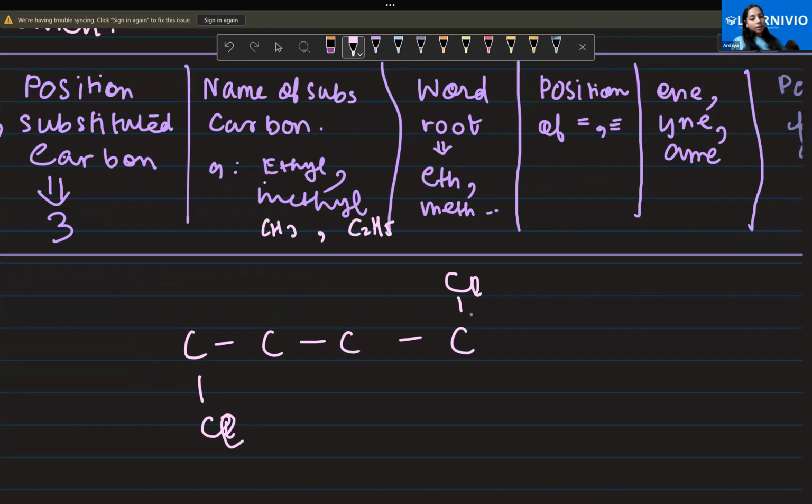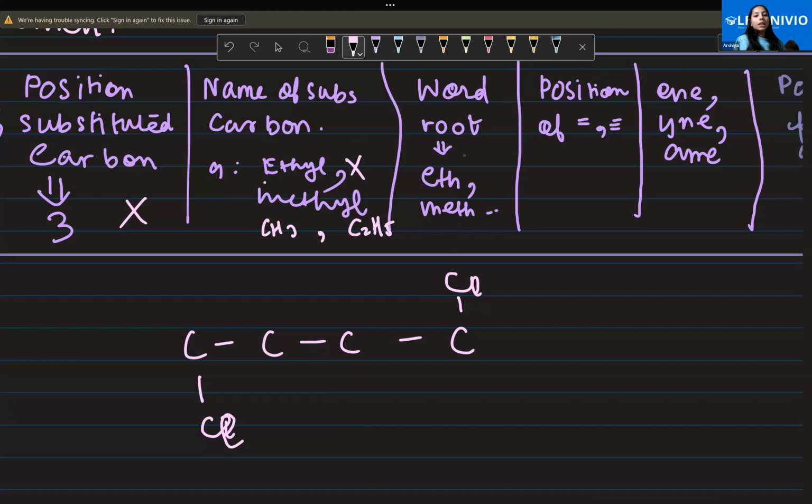If there was a carbon here, then this would have been a substituted carbon. But there's no substituted carbon in this chain. Clear? Yes, ma'am. So we will skip this one because there is no substituent, which means there is no substituted carbon also.